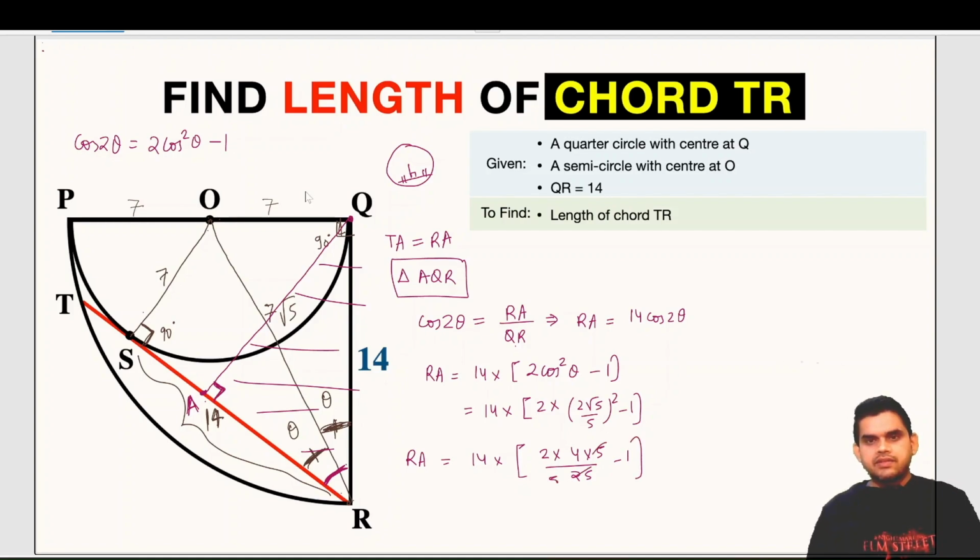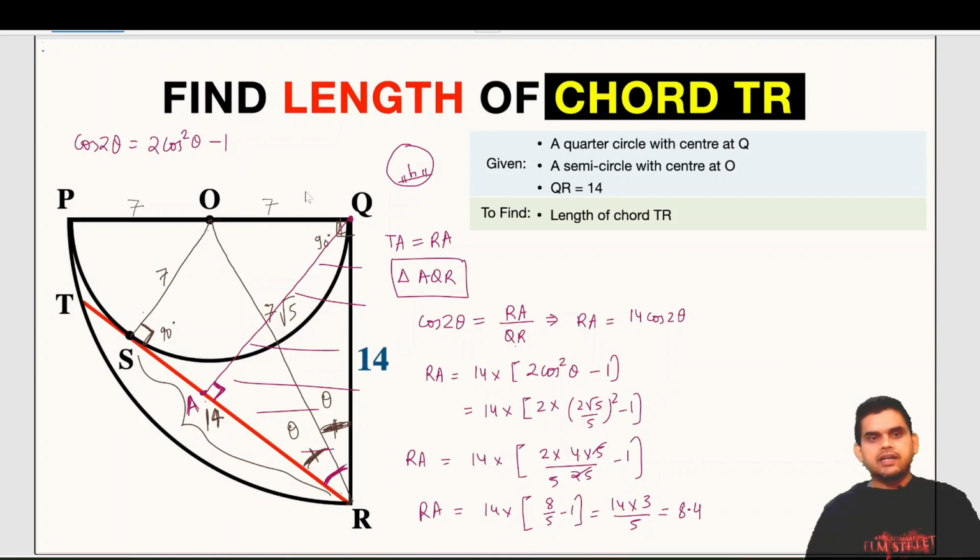So this will be 2 times 4 times 5 by 25 minus 1. 5 times 5 is 25. So this is 14 multiplied by 4 times 2 is 8 over 5 minus 1. So this will be 14 multiplied by 3 over 5. So RA will be 14 multiplied by 3 divided by 5, which is 8.4 units.